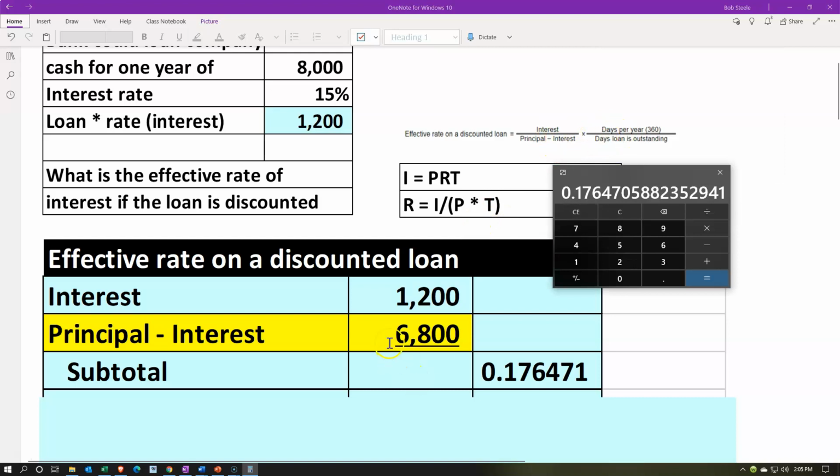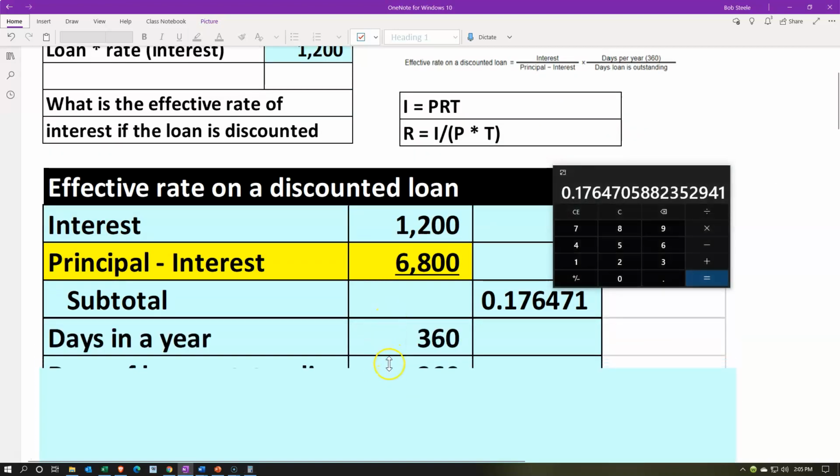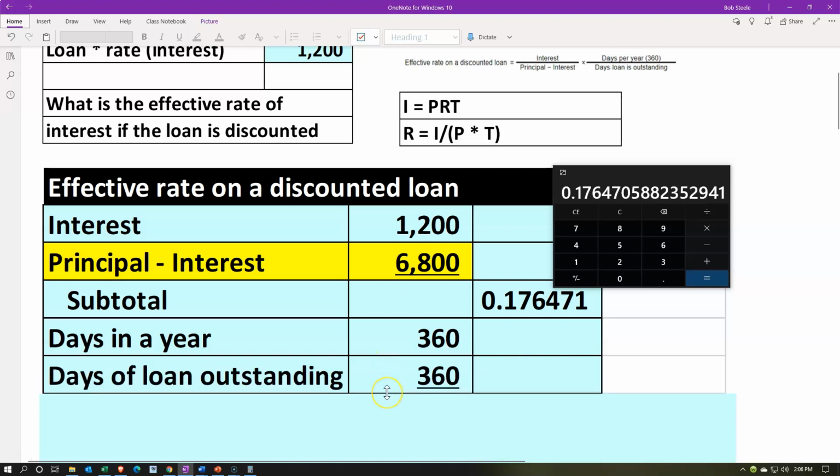Now we'll do the second half, which is going to be straightforward for this calculation. We'll do another problem where it won't be exactly a year. That'll be the days in a year, which are 360. You could use 365, but we're using even 30-day months times 12, 360. The days of the loan outstanding are also 360, because we have it out for 1 year. So we're going to divide those out, which of course will simply equal 1.